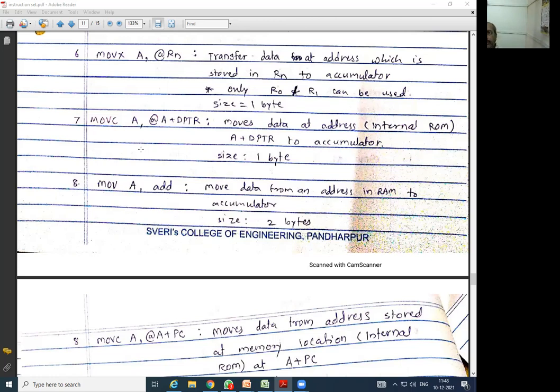Okay. Keep the same, that is MOVC A, @A+DPTR. This DPTR, as I told, is mostly used in data transfer and serial data transfer, as we are going to see in the coming session.